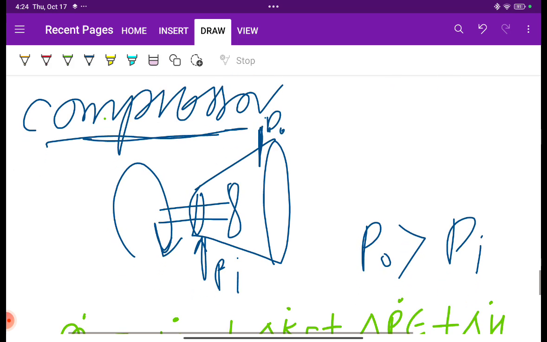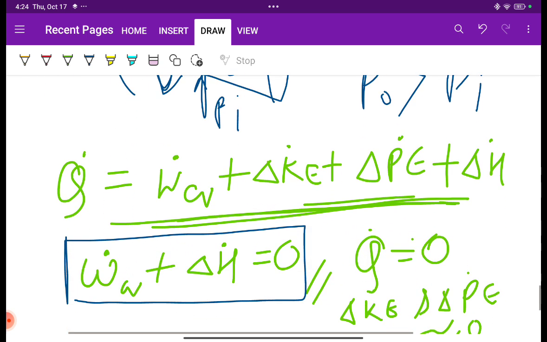And the compressor, when we talk about it, its structure is quite similar to the turbine, but in an inverse way. First, we give some work to the compressor, and it helps to increase the pressure of the fluid. So the pressure at output is greater than the pressure at input in this case, and it has the same formula.